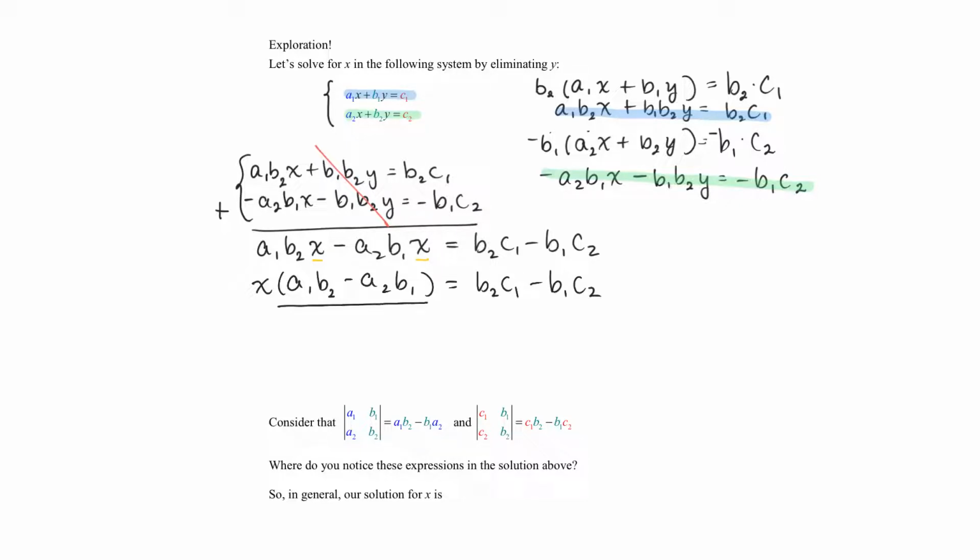And then if I divide both sides by a sub 1 b sub 2 minus a sub 2 b sub 1, these are going to divide out.